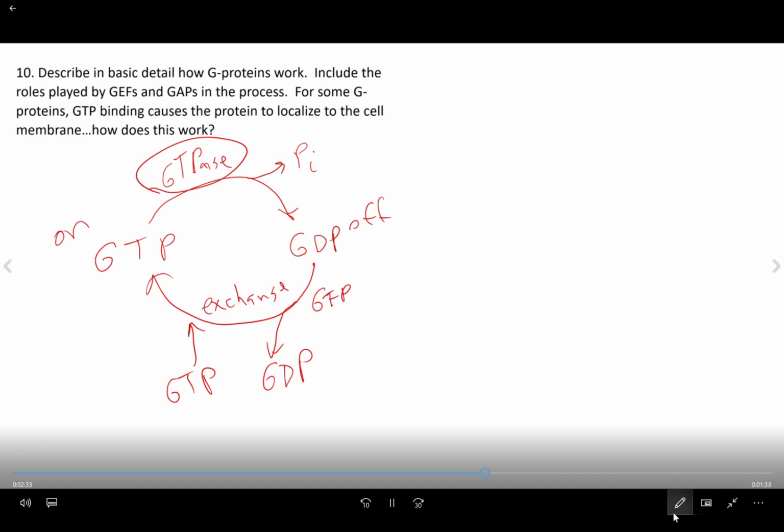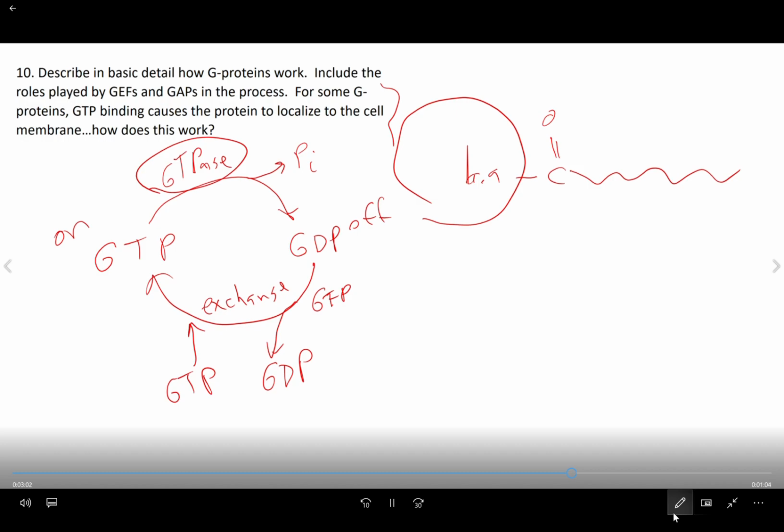Now for the last part of the question here, how can GTP binding cause a protein to localize to the cell membrane? Well, there's some of these G proteins, or some proteins in general, that are covalently attached to lipid tails. It could be a fatty acid, as shown here, or it could be something like a farnesyl group. So one of the amino acids in the protein has a covalent bond to a fatty acid.